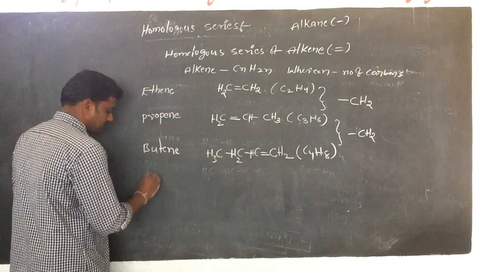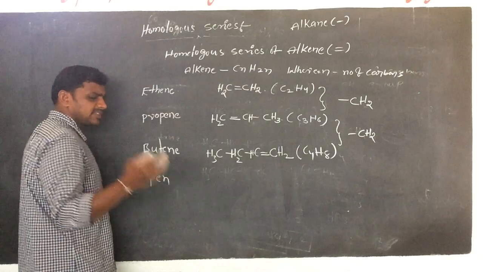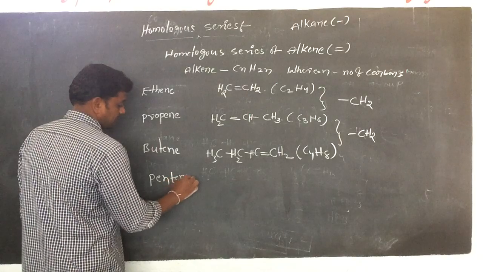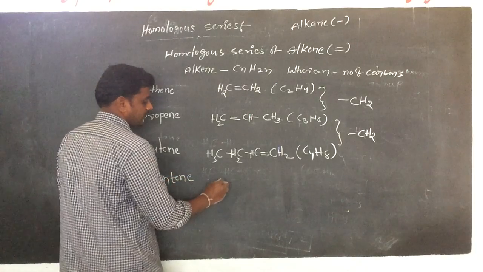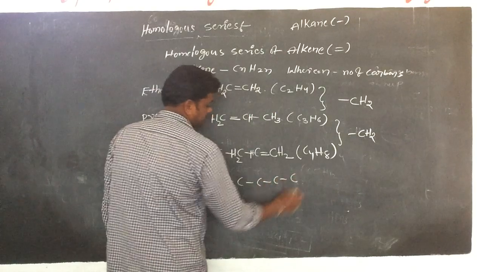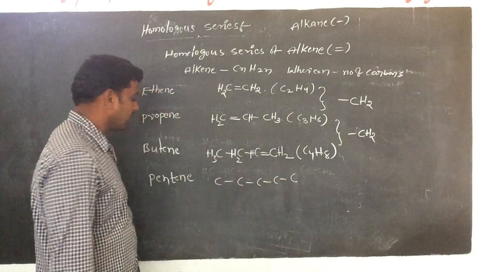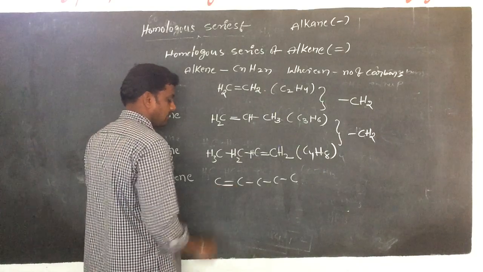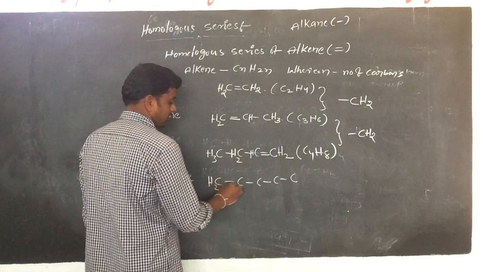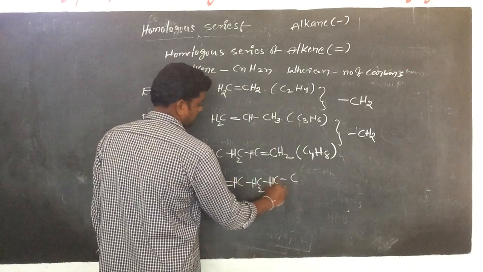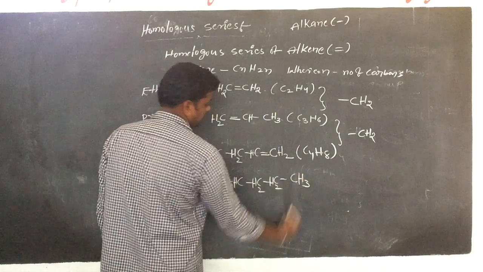Next, pentene. You can also write hexene, and so on. Pentene. Pent means how many carbons? 5. C single bond C, single bond C, single bond C, single bond C. Right. Ene means a double bond is present between any two carbon atoms. I write here CH2, CH, CH2, CH2, and CH3.